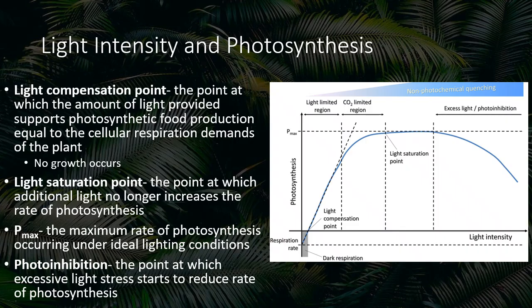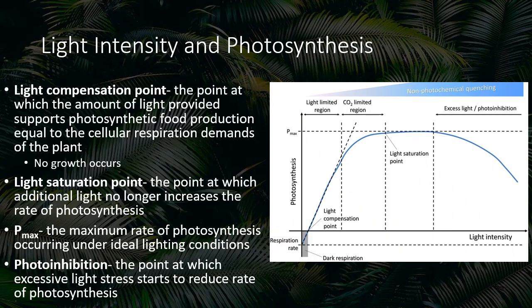Pmax is the maximum rate of photosynthesis that can occur under ideal lighting conditions. And we can see Pmax as a line on our graph with photosynthesis represented by the y-axis of this graph and light intensity represented by the x-axis. Every individual species is going to have its own Pmax.